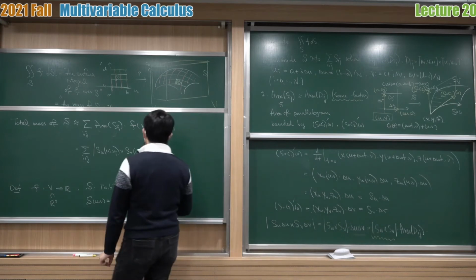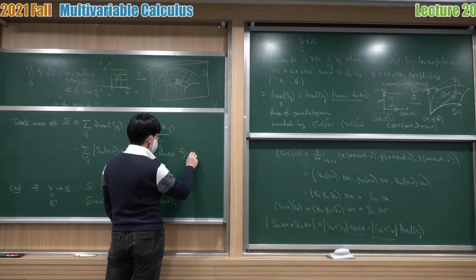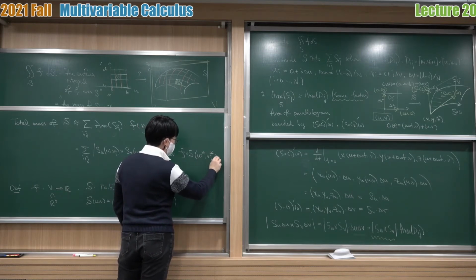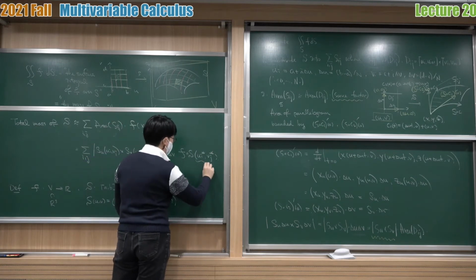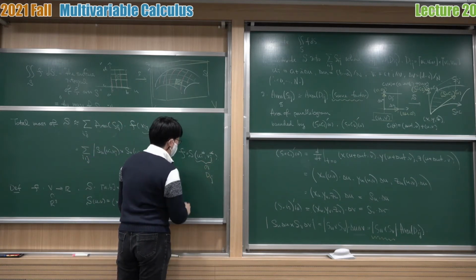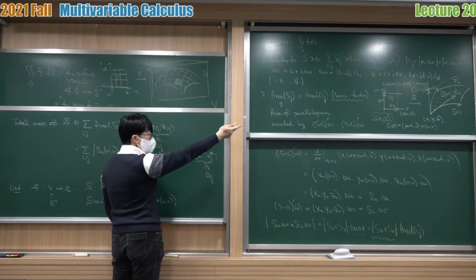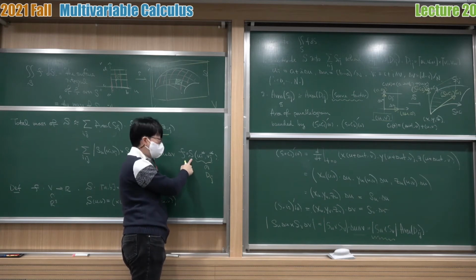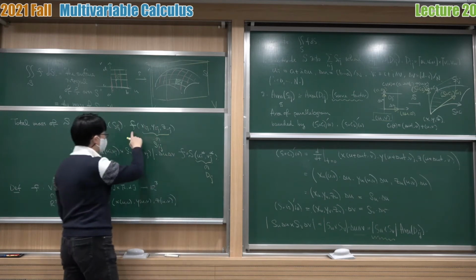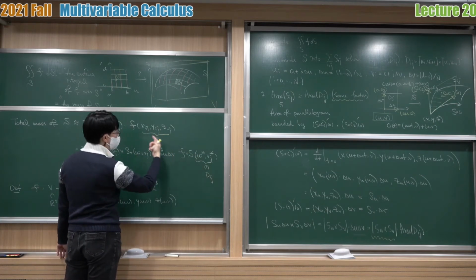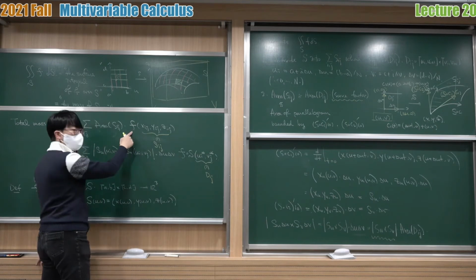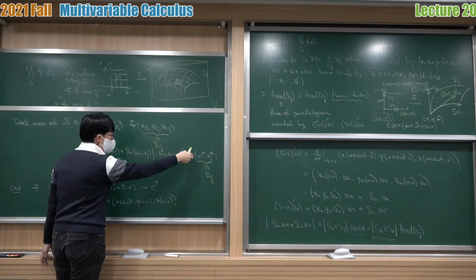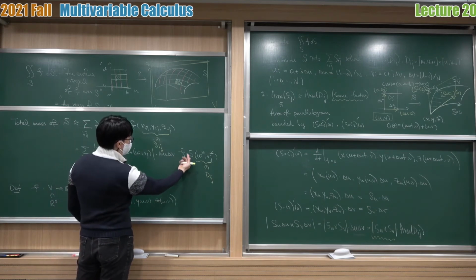So I can choose some point (ui*, vj*) inside of Dij, and then send it to a point on the surface by the parameterization S. So we have the composite f and S. You cannot directly plug ui* and vj* into the function f because f is a 3-variable function. You need to find the value by this transformation.